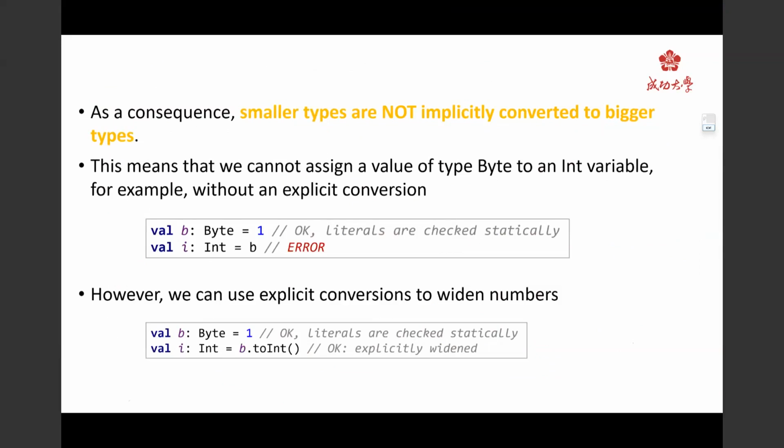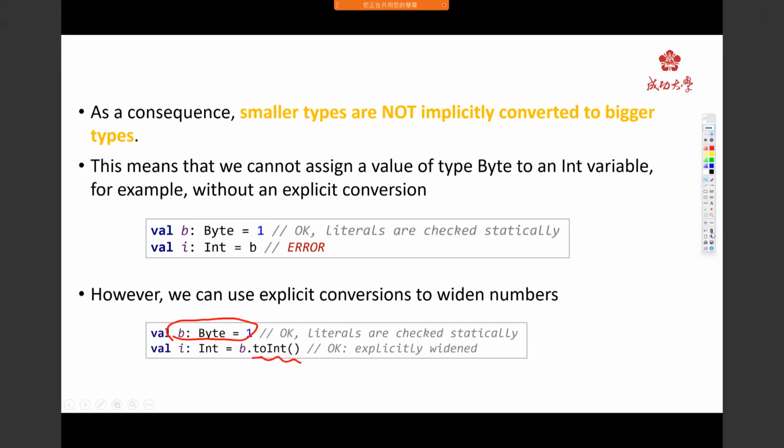So here is an example. Here we have a byte whose value is 1, and you can convert this byte to an integer by invoking the toInt function on the byte object.